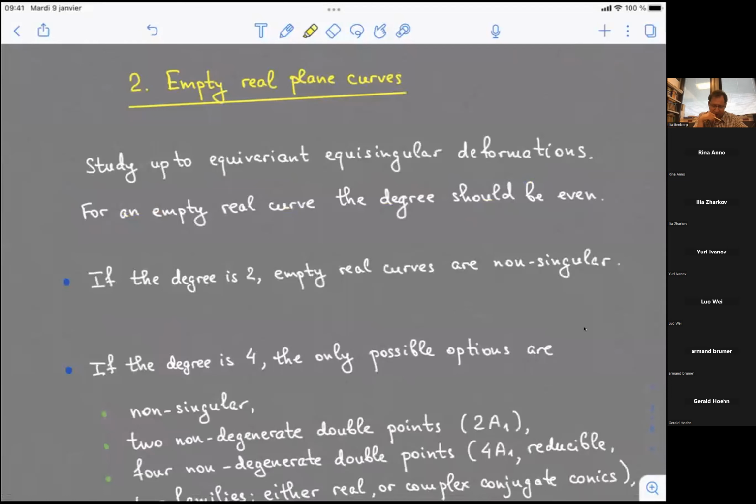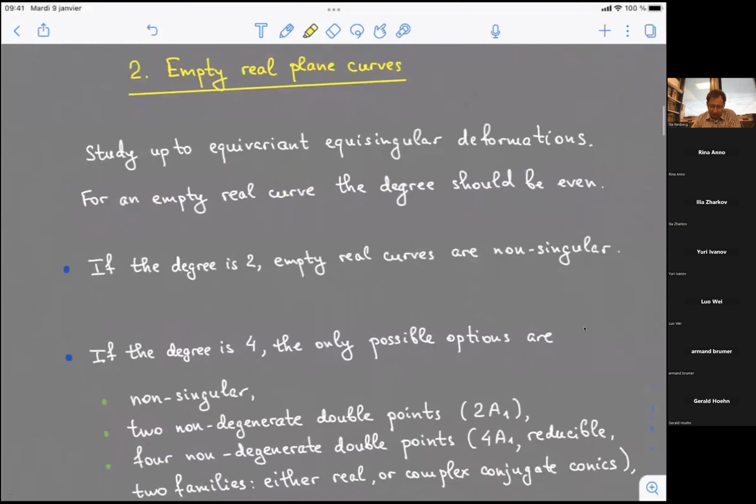And once again, the degree 6 is the first interesting degree, the first non-trivial case, because if the degree is 2, then empty real conics are necessarily non-singular, and they are all equivariantly deformation equivalent.